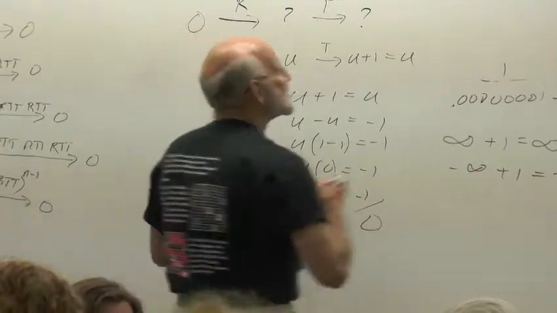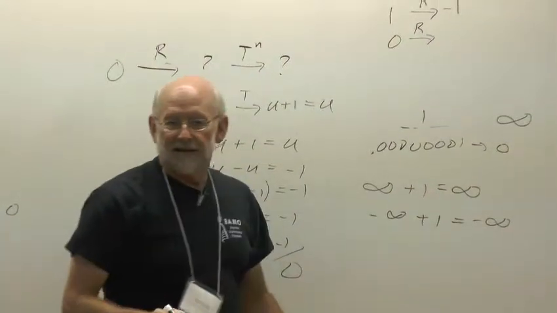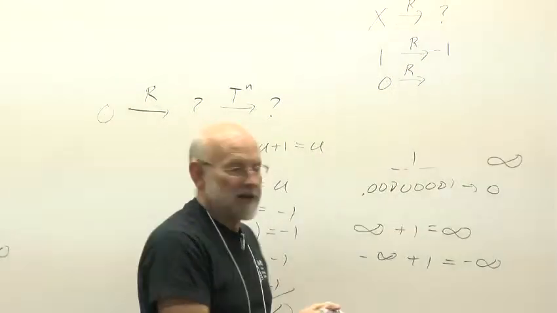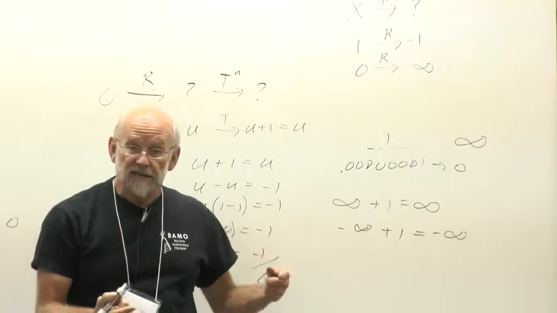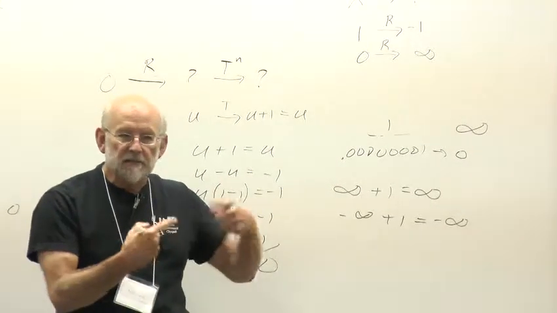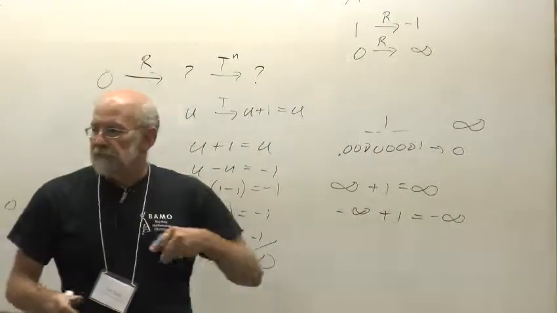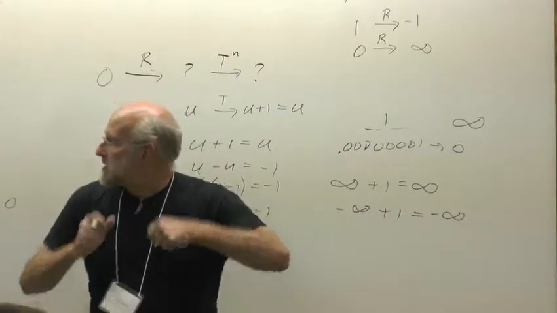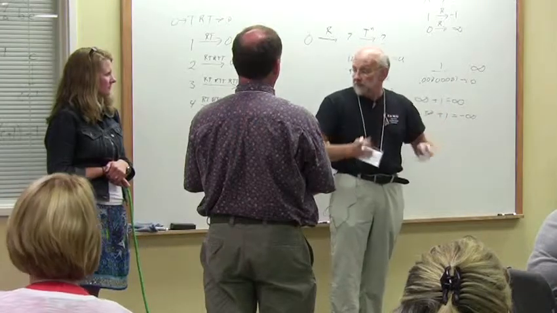So that's sort of interesting. So 0, if you do an R to it, I'm just going to call this infinity as a placeholder, but it's something that behaves like infinity. So I'm just going to use this as a symbol for this weird configuration of the ropes. Because it's not a number, we have to add something to the number system if we want to be able to have a name for every rope configuration.